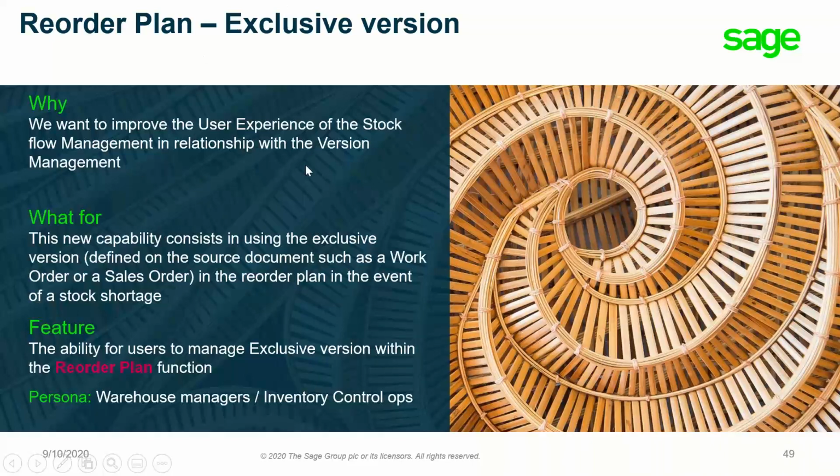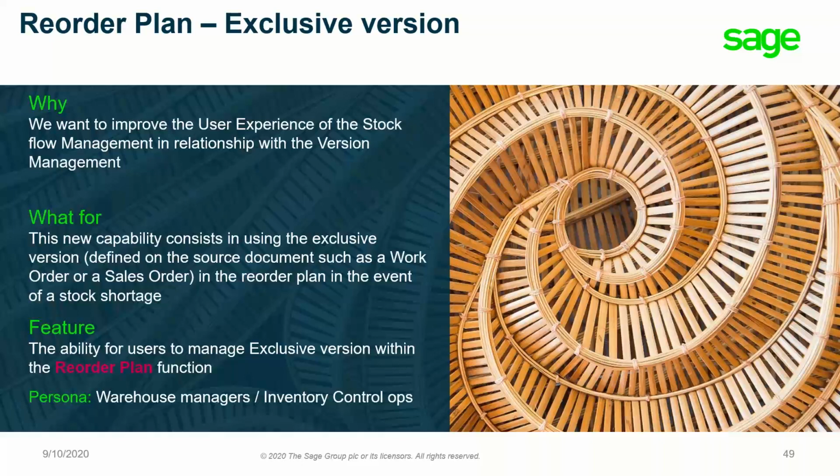Okay, then what does version management mean in X3? During the lifetime of a product, some of its characteristics can sometimes be modified by the design engineering, because there are some changes. So these modifications can be tracked back by activating the version management in X3. The tracking of versions is used at the stock and the manufacturing module levels in X3.